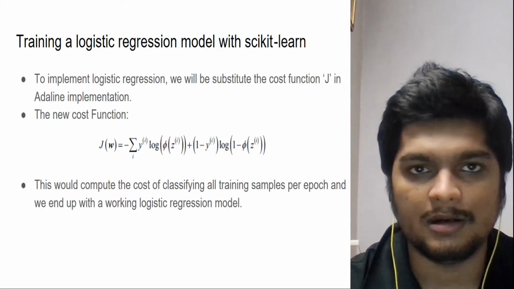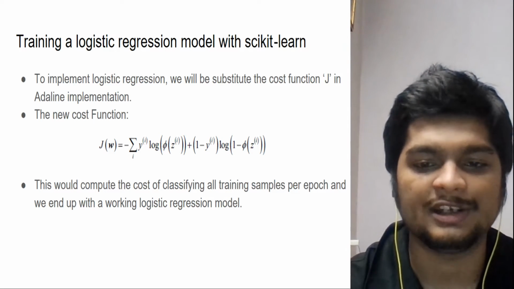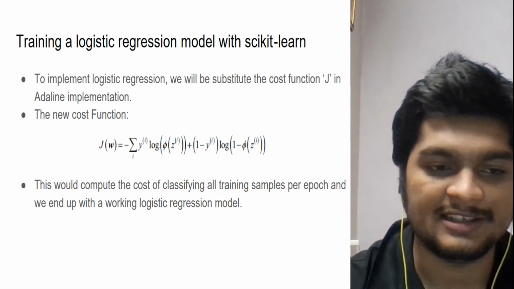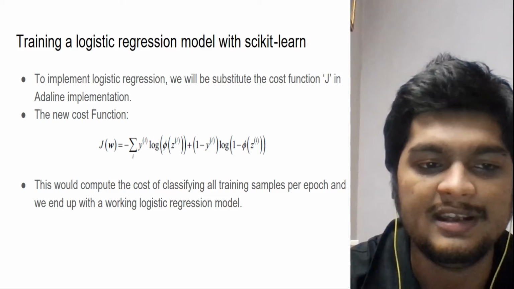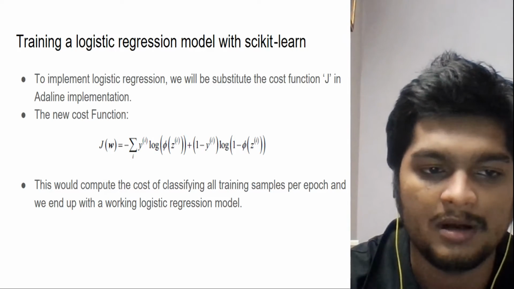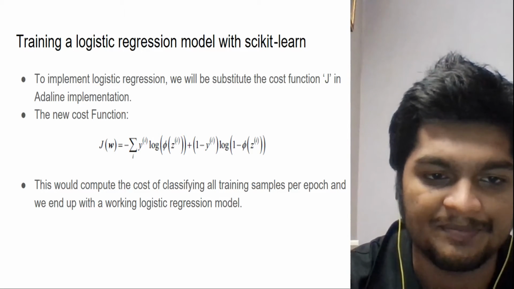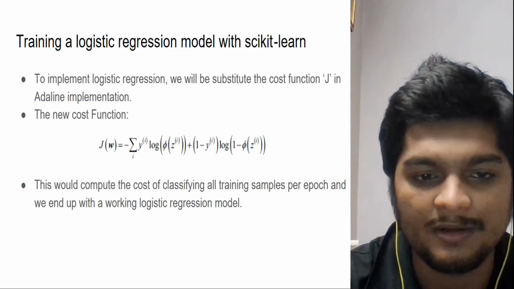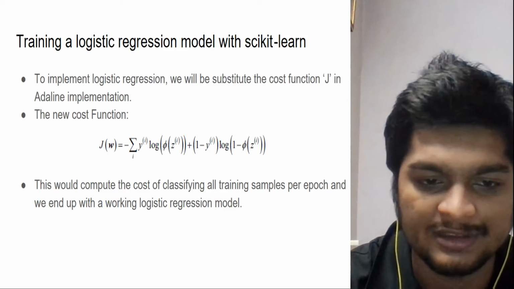Coming to the topic which sir has appointed: training a logistic regression model with scikit-learn. It is simply a substitute of the cost function J. J(w) is the summation of y log of sigma of z, plus 1 minus y, log of 1 minus sigma of z.